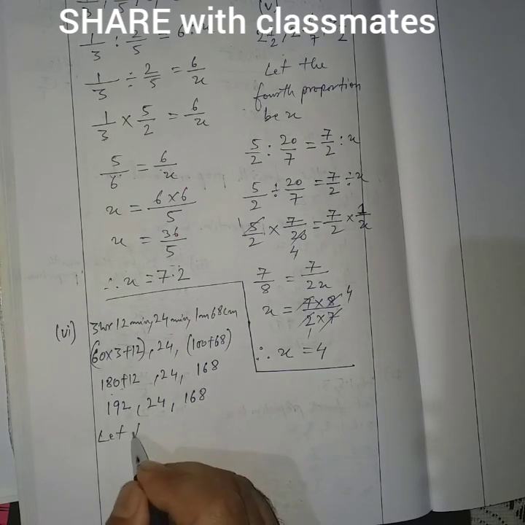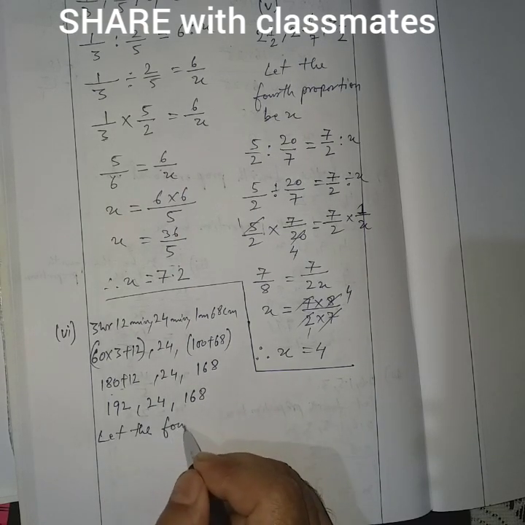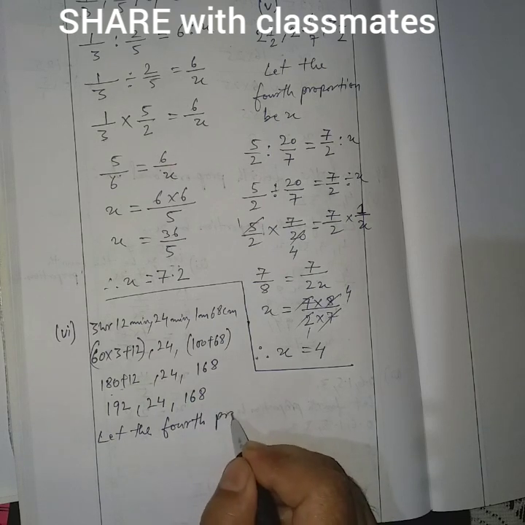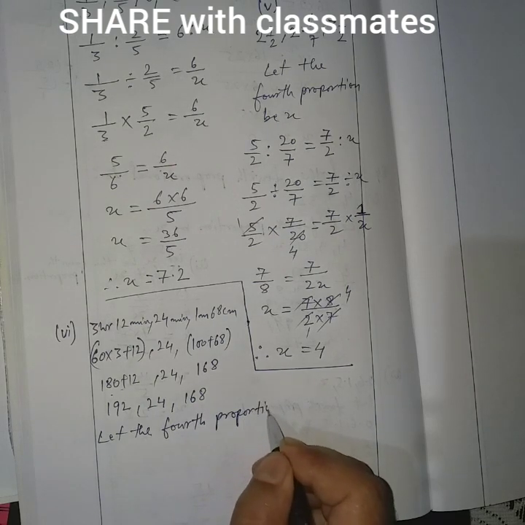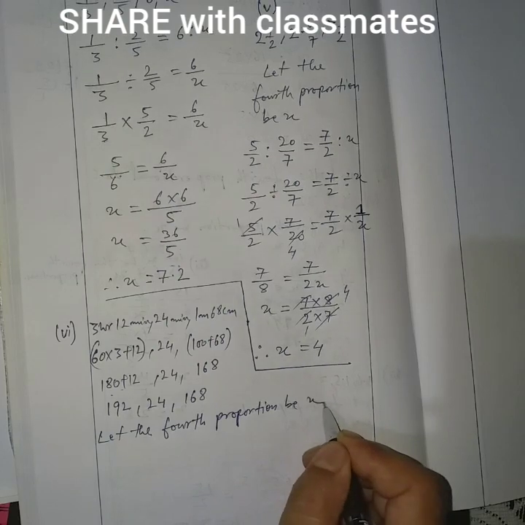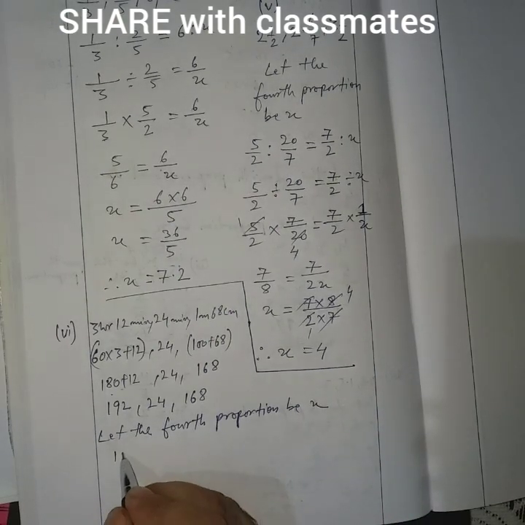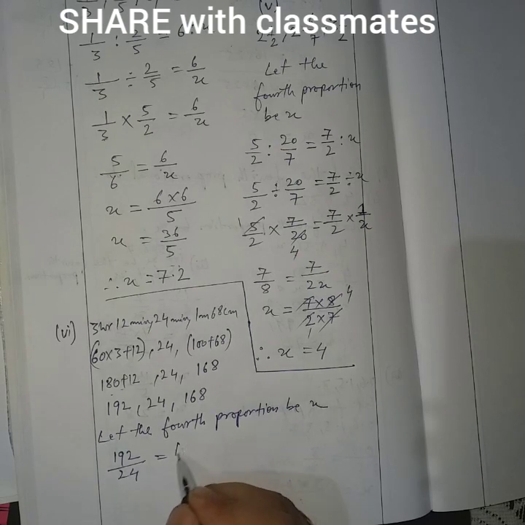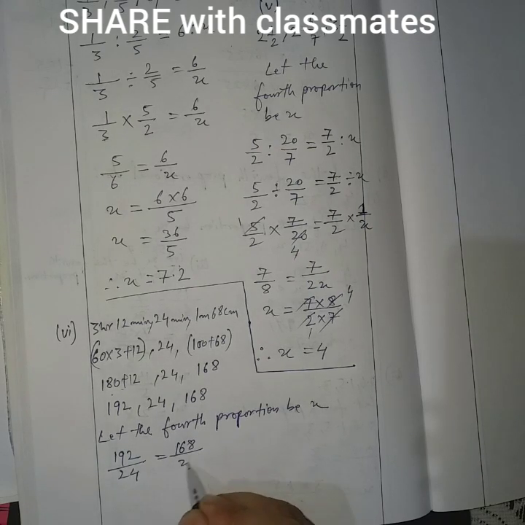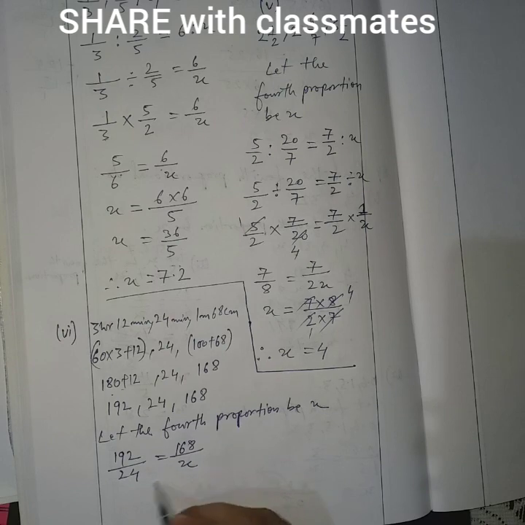Let the fourth proportion be x. Then we can write 192 by 24 is equal to 168 by x. If they are in proportion, we can write like this.